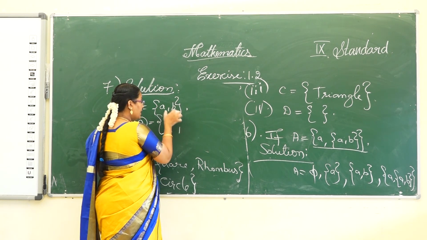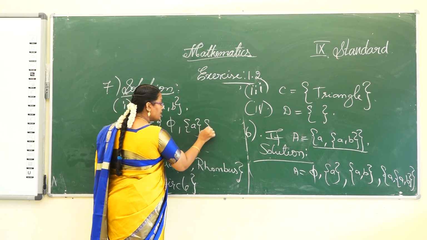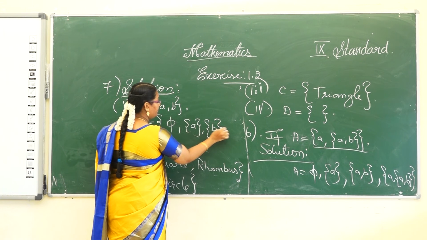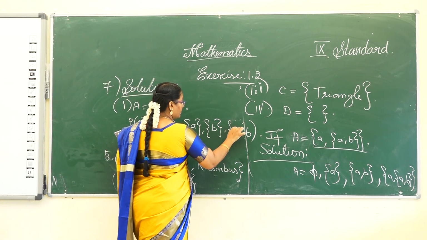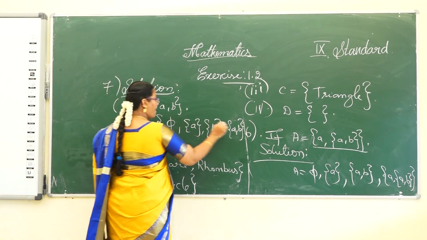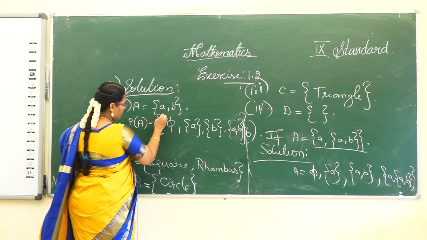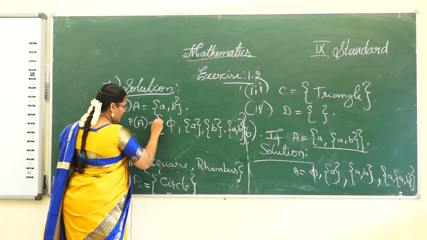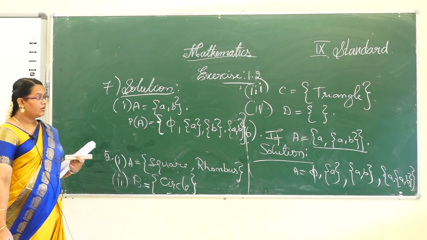Empty set, next set {a}, next set {b}, and next the set {a, b}. Now close the power set bracket. Read the difference between subset and power set. Okay.